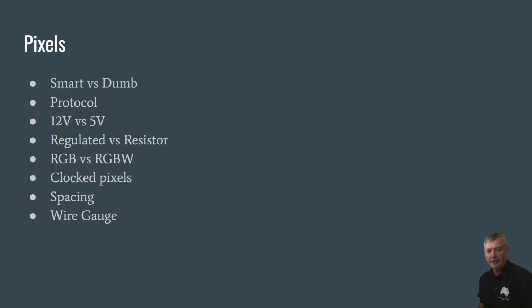And Chinese wire gauges are not the standard wire gauge. When something says it's 20 or 18 AWG, it is not 20 AWG, it's 22 or 24 at best. Right, so don't let yourself get fooled, and don't skimp on the wire gauge. Wire gauge has a really significant impact on how many pixels you can connect together before you start to run into power issues. So be really wary of those.